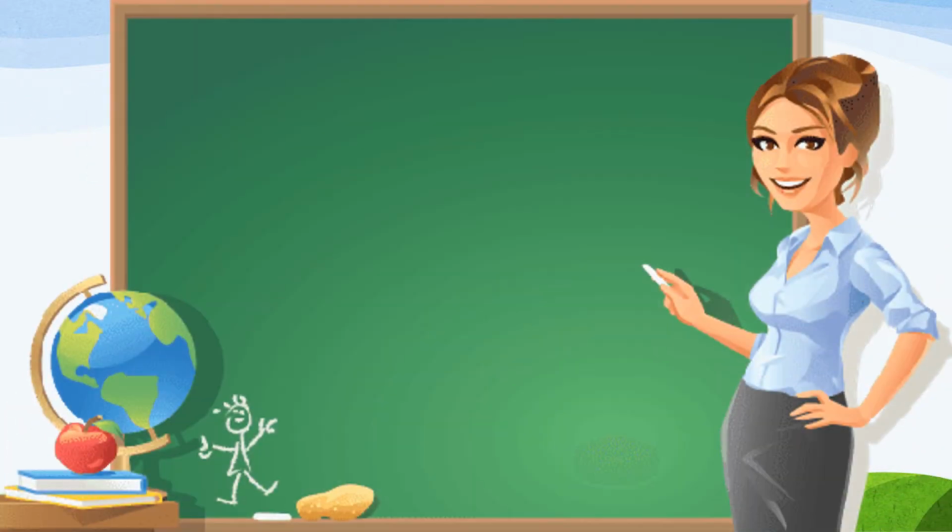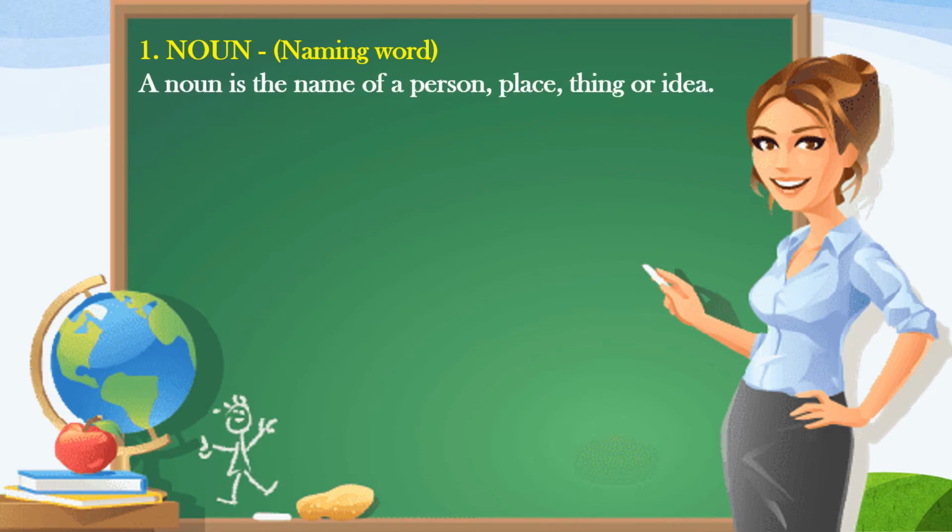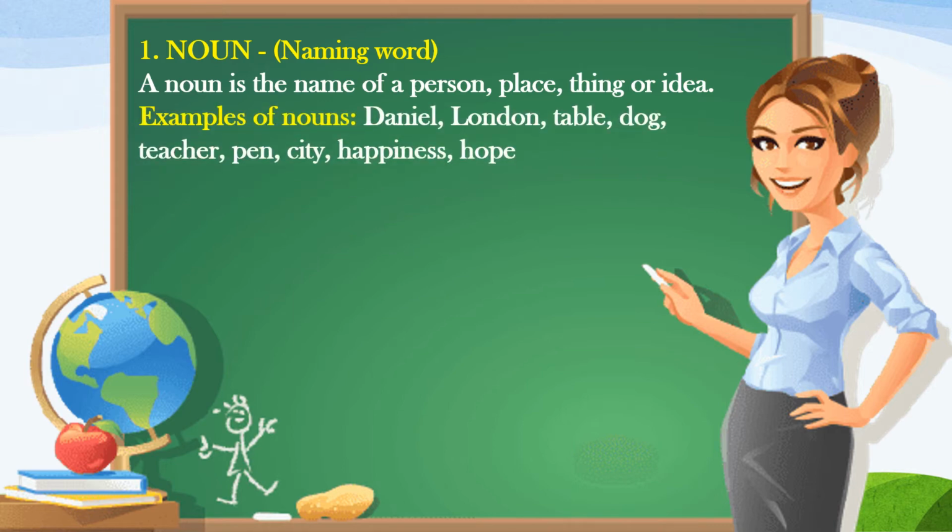Let's start first with the first part of speech. It's the noun. A noun is the name of a person, a place, a thing, or an idea. So nouns means names. Examples of nouns: Daniel, London, table, dog, teacher, pen, city, happiness, hope.